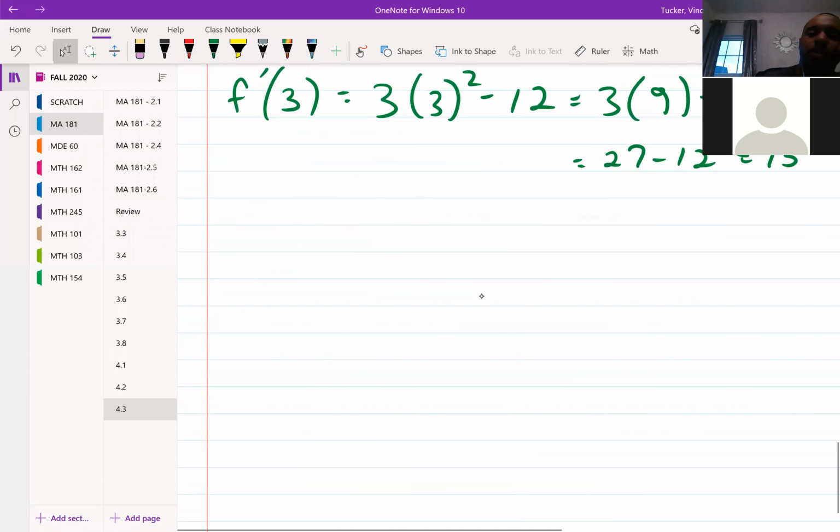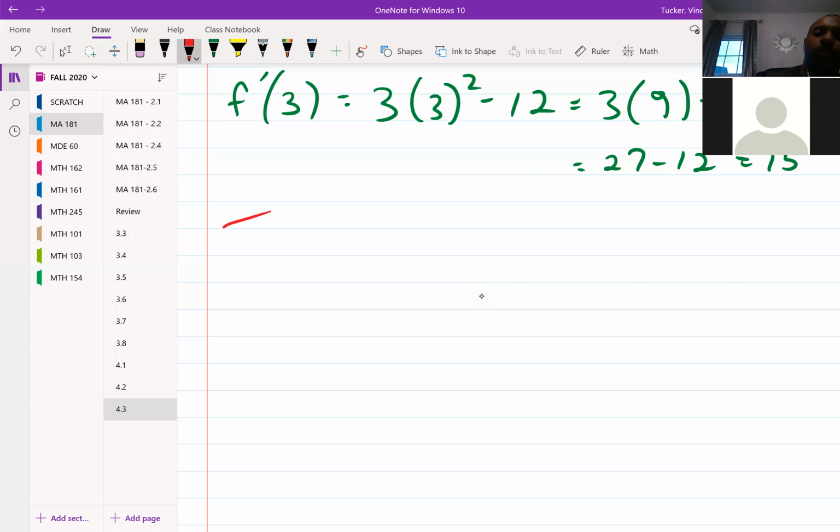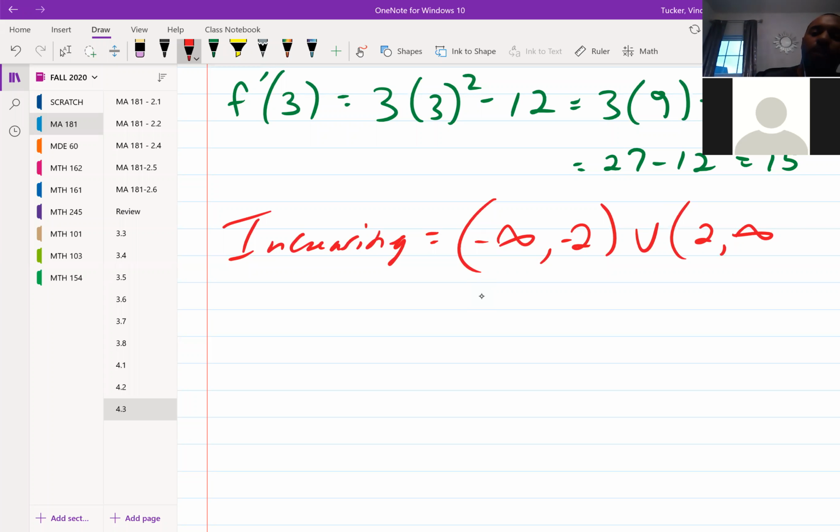Okay, so it's increasing from negative infinity to negative 2, and 2 to infinity, then decreasing from negative 2 to 2.